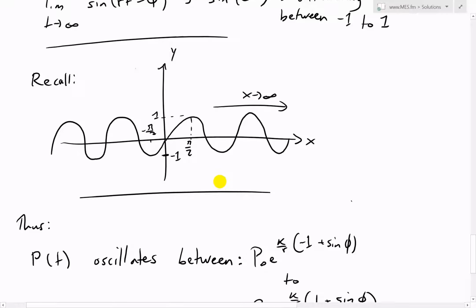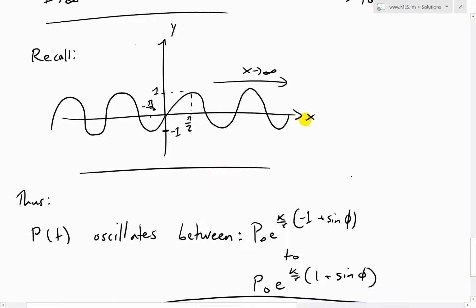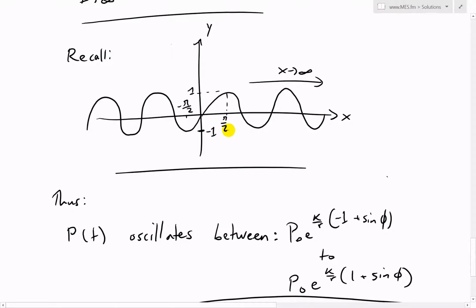So when these are equal to plus or minus 1, recall how the sine function looks. For the extremes, you have negative pi over 2, and then it goes to pi over 2, and from here to here it is separated by 2 pi, which equals 4 pi over 2.